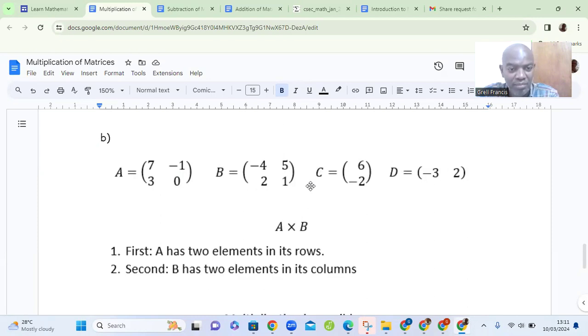Just before we move on, let us see if AC is possible. Let's take the elements approach.